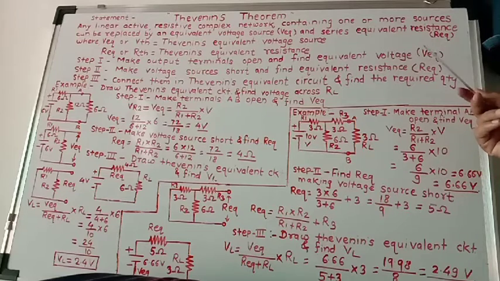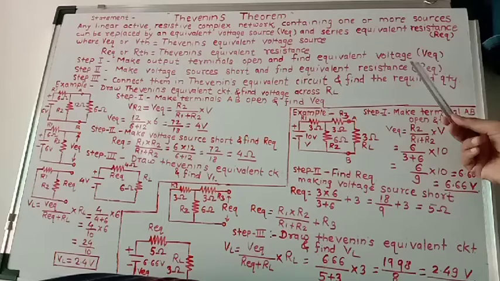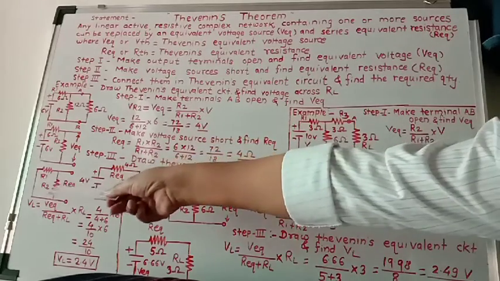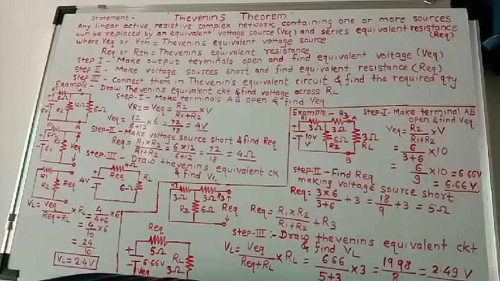So you can write VTH instead of V equivalent, and RTH instead of R equivalent. You can use any one. So the second step is make the voltage source short and then find R equivalent or RTH.